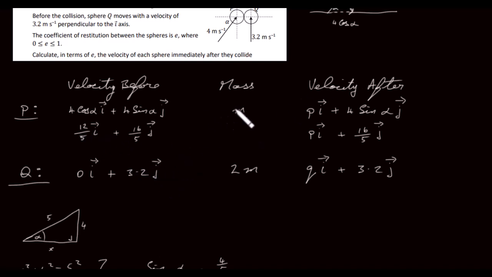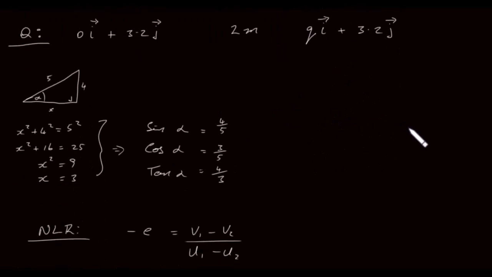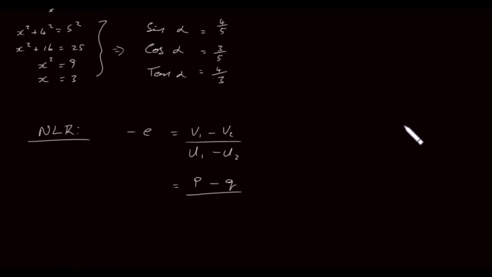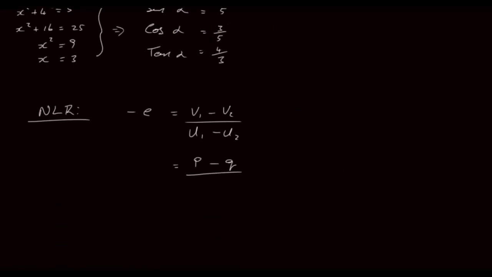So that's going to be 2.4. So we have 2.4 minus 0, and that's equal to minus e. So if we just multiply that across then, we get minus 2.4e is equal to p minus q. We'll just call that equation 1, and we'll have a look at our conservation of momentum equation now.